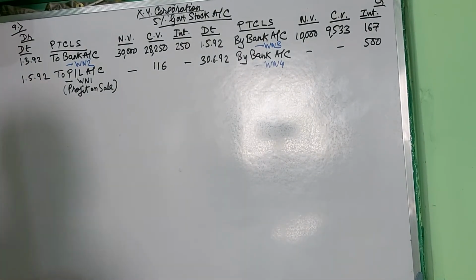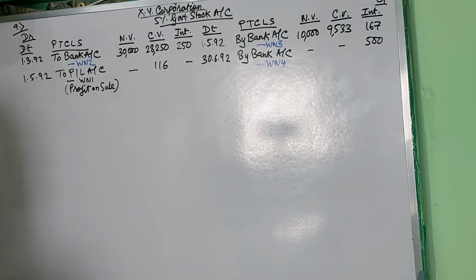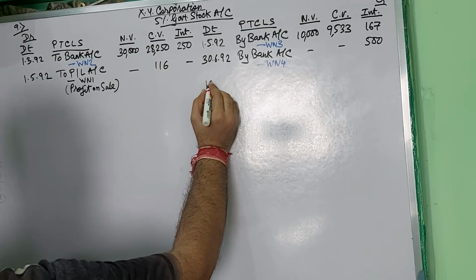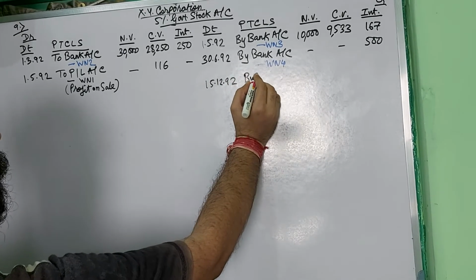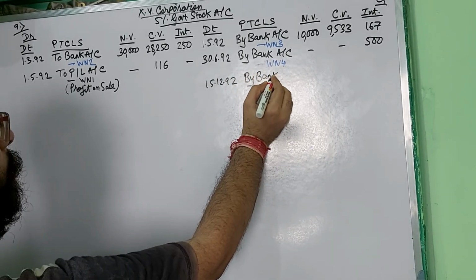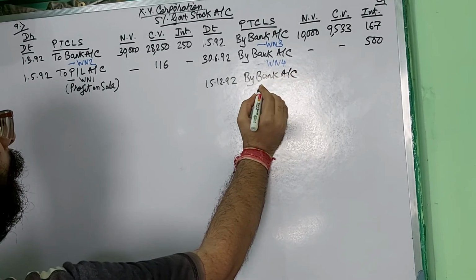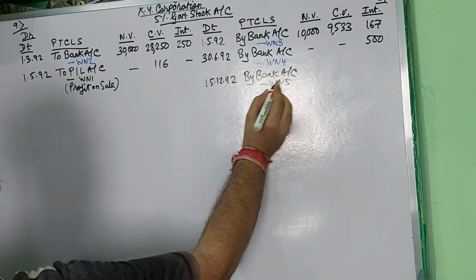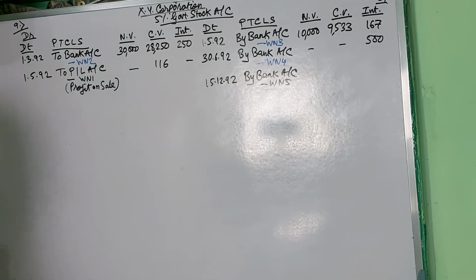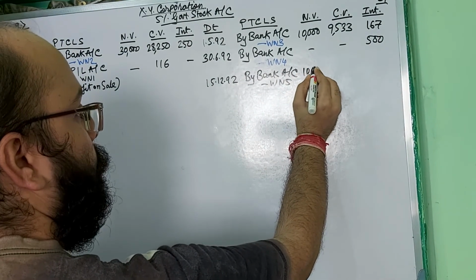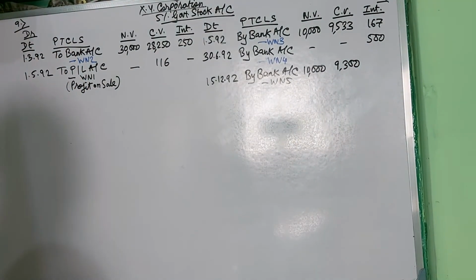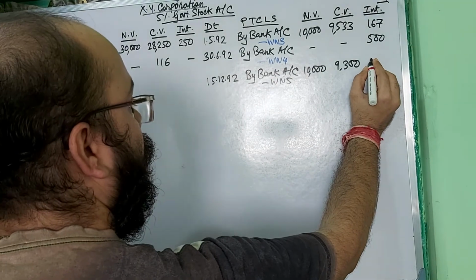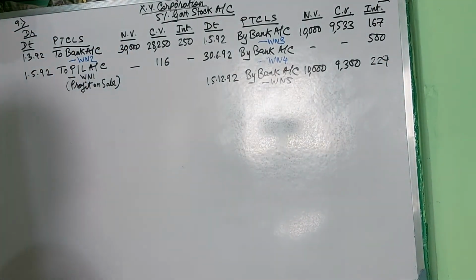On 15 December again you have sold. So 15/12/92 by bank account, working note 5, which is 10,000, 9,300, and interest you have computed separately as 229.